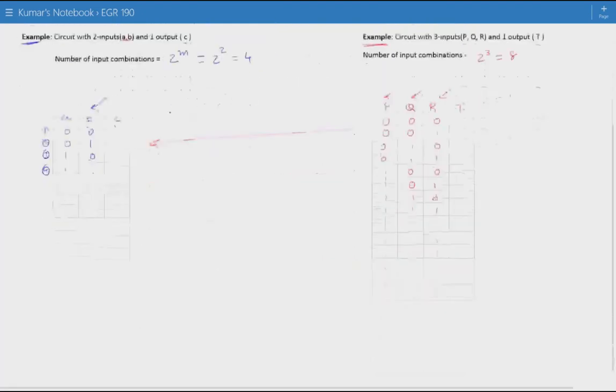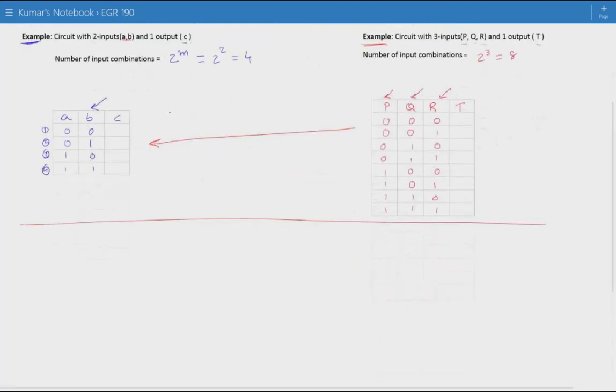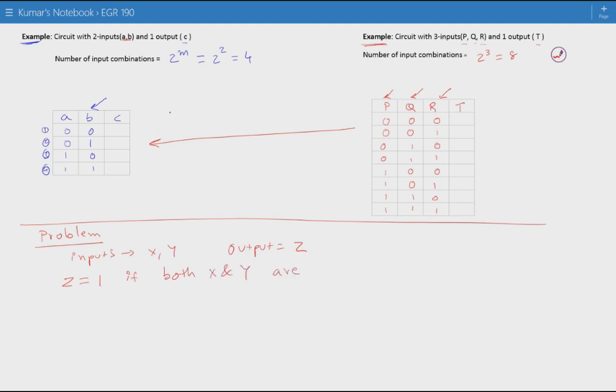Now, let's look into a simple example problem, fairly quick. Our inputs are x and y. Our output is z. The problem is: z equals 1 if both x and y are equal to 1.